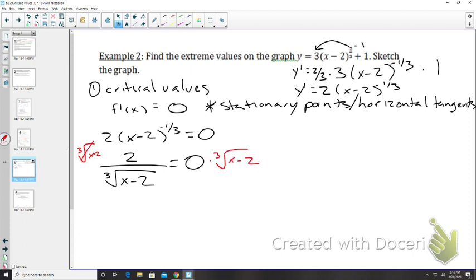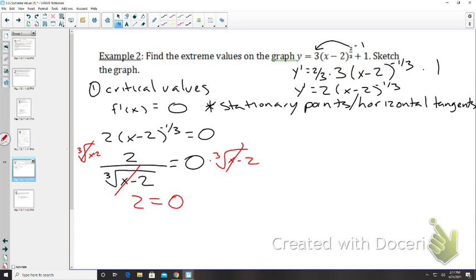That cancels. 0 times anything is 0. So what are we left with? Do we like this? Does that make sense? 2 equals 0. No. 2 does definitely not equal 0.